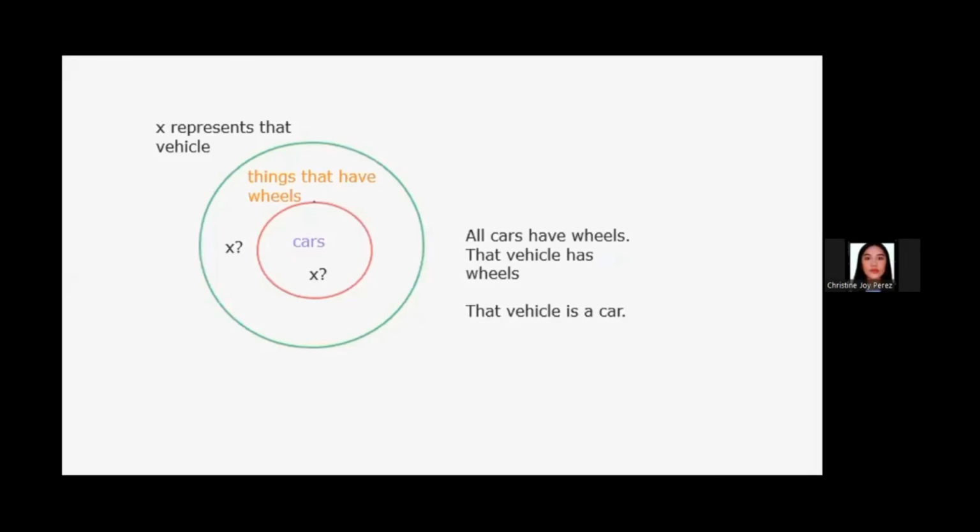These two X's represent that vehicle. It can be outside the car or inside the region of it. So that's why the argument is invalid, because you don't know where the car or that vehicle is.